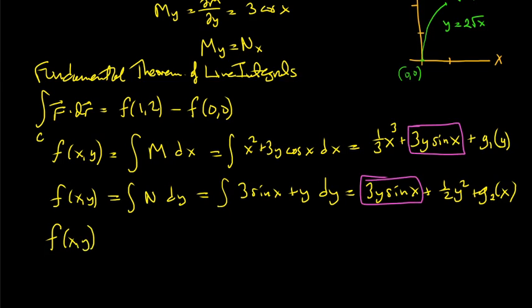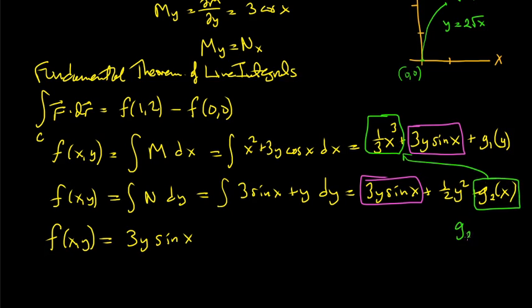You have the 3y sine x. So that's going to be a term of the potential function, 3y sine x. But what about this 1/3 x cubed? I don't see that in the bottom one. So that has to be the g2 of x, right? 1/3 x cubed is only a function of x.